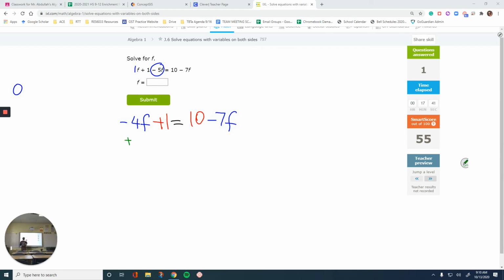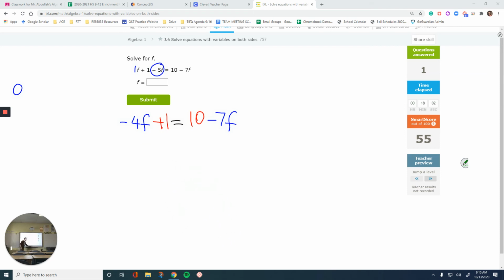If you do this to cancel that out, these are going to be gone right here, and then that's going to give you negative 3F. I don't want to have negative 3F because eventually I'll need to divide each side by negative 3. I don't want to do that. I am better off if I divide each side by a positive number.